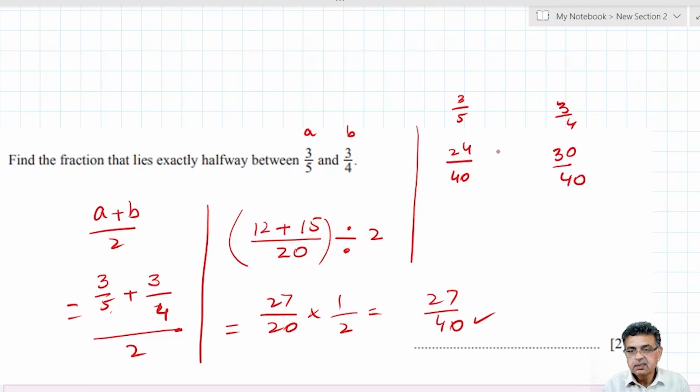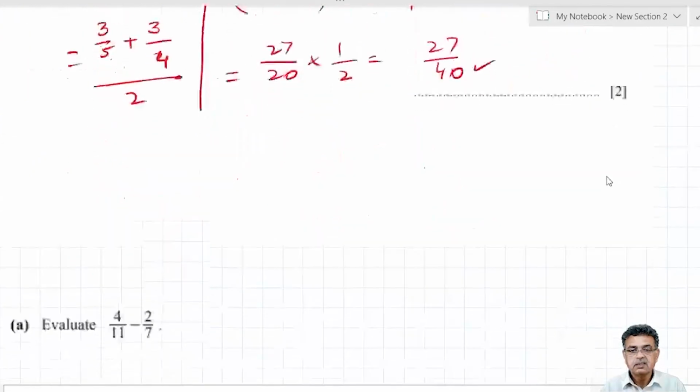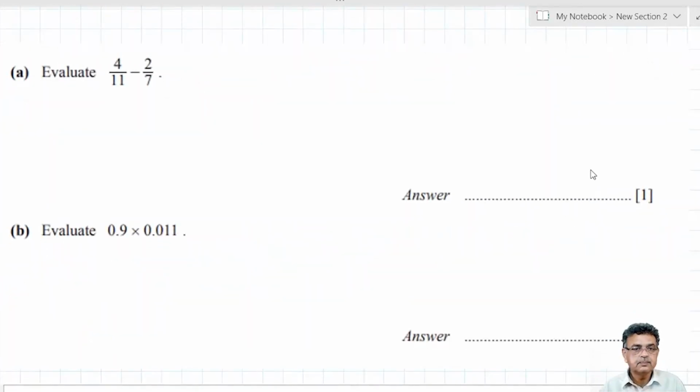Now you can see that 27 over 40 is exactly halfway between these two numbers. 27 is between 24 and 30. So that is the answer.